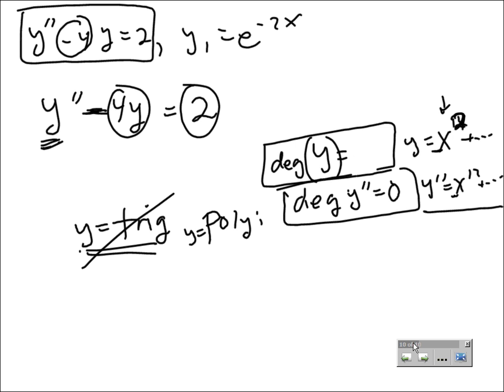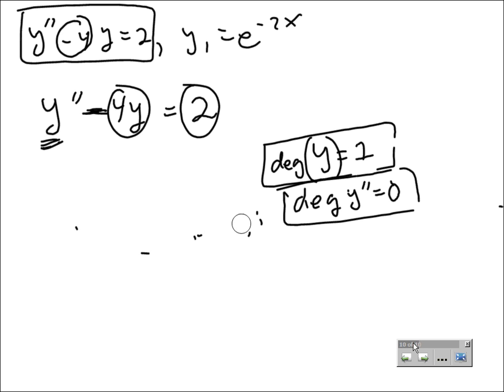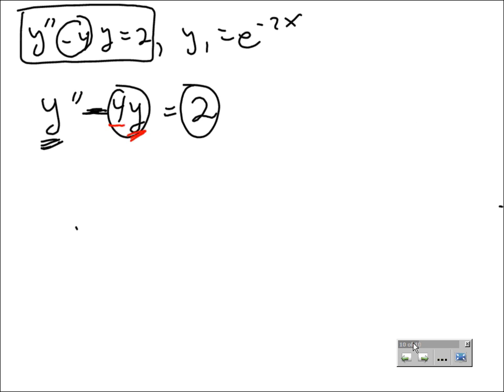If the degree of y is 0, a constant, well then the second derivative will be 0. And sure, you can subtract the constant from y double prime and get 2. Remember, 4 times a constant is a constant. So y can be a constant.